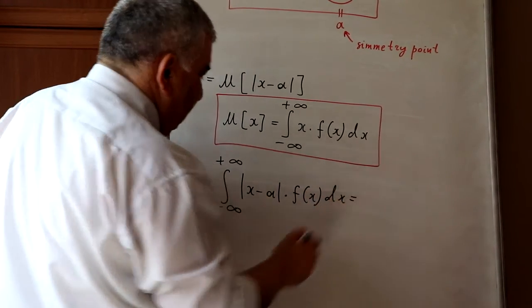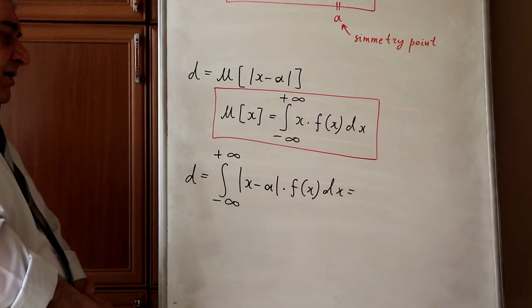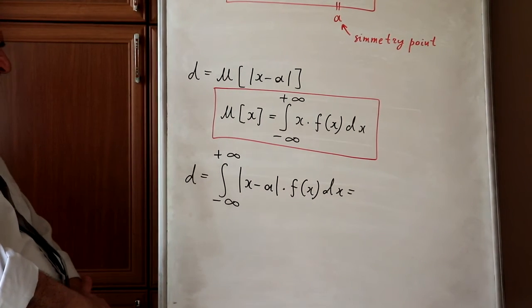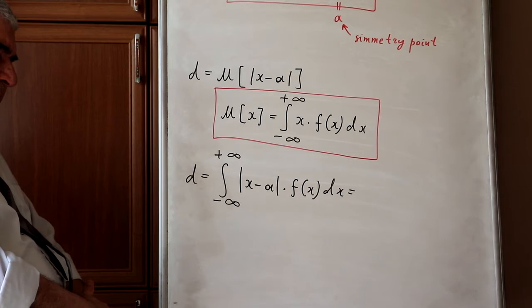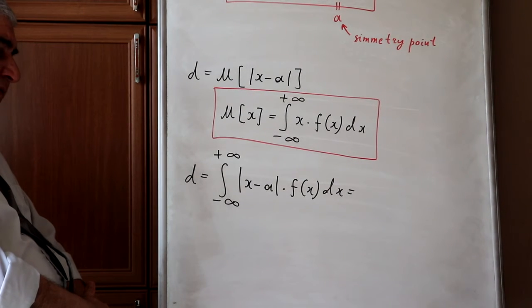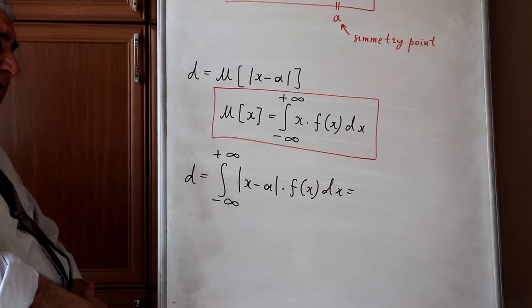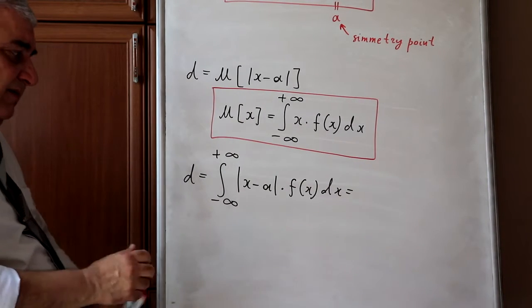Then we can separate this integral into two integrals. One of them is taken from minus infinity to a, and the second integral is taken from a to plus infinity.